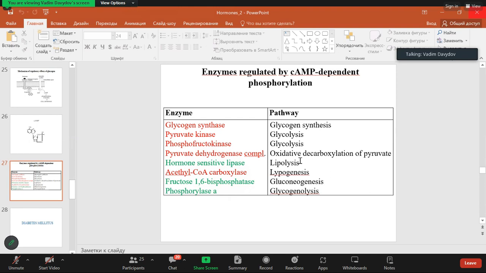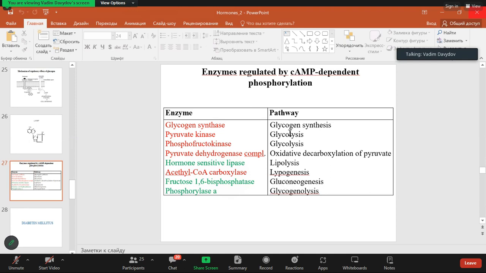For that reason, glucagon increases the rate of lipolysis in tissue, increases the rate of gluconeogenesis, preferentially in the liver, and increases the rate of glycogenolysis in the liver.